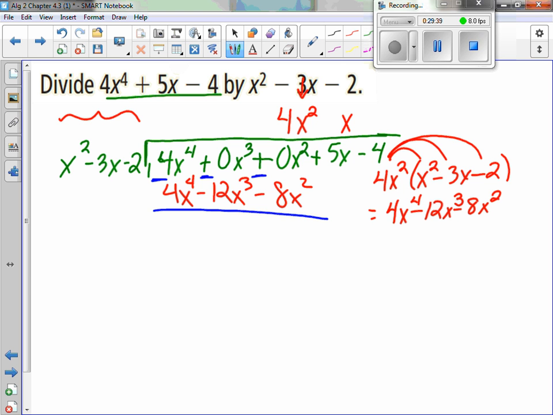And once we type that in, we're going to subtract. Now, 4x to the fourth minus 4x to the fourth is 0.